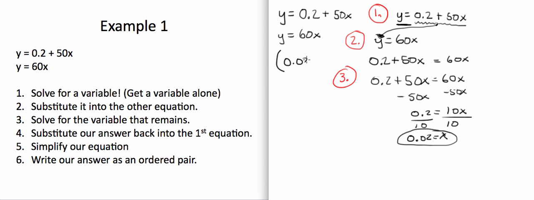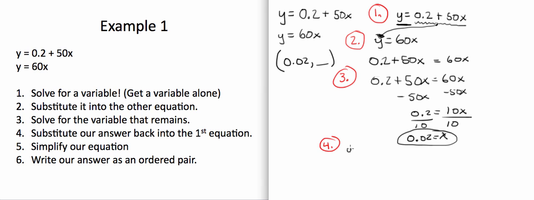We have this answer of x equals 0.02, but remember our final answer needs to be an ordered pair. We've got one of the values, now we're looking for the other. That's where step 4 comes into play. Step 4 says we're going to substitute our answer back into the first equation. We take this 0.02 and put that value in for the original x.